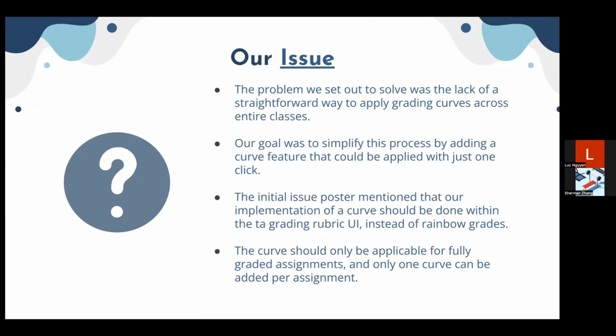Additionally, they wanted the curve to only be applicable once an assignment has been fully graded, and made so that only one curve can be added per assignment. Last but not least, they don't want the graders to click through every student to assign the points. With these specific requirements in mind, we started to examine the code base.